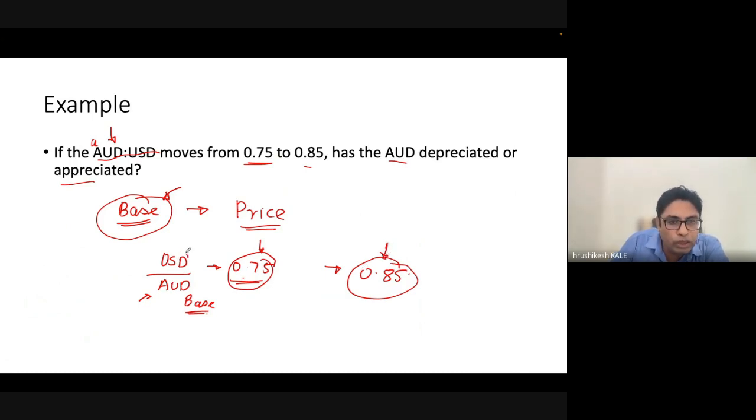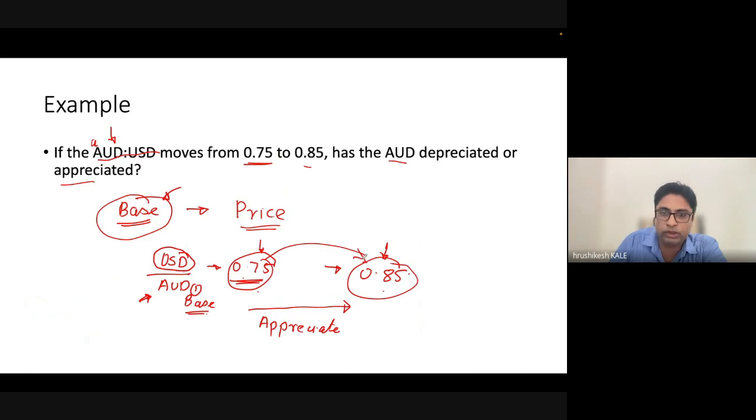So you are getting more USD for the same Australian dollar. That means which currency is getting stronger? The base currency is getting stronger because you are moving from a lower value to a higher value. Therefore, AUD has appreciated, because the value is increasing from 0.75 to 0.85.